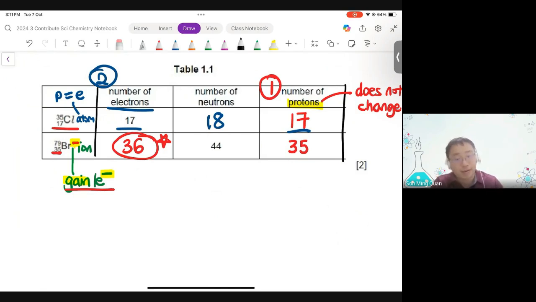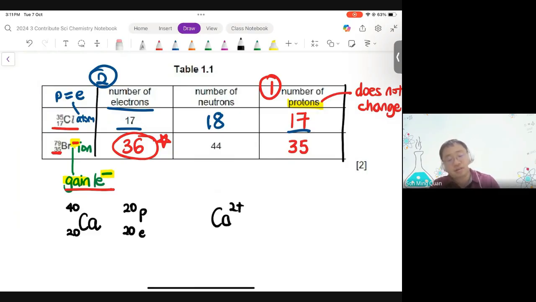So I'm sure you know by now, there's calcium. Calcium has 20 protons and 20 electrons. But how about this? If it was Ca2 plus, how many electrons and how many protons would it have? Protons never ever change.